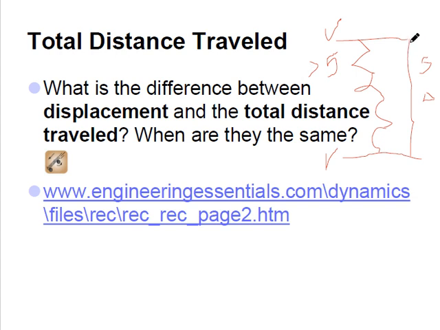So the total distance traveled from here to here on path 1, I'm going to write down here, path 1, and the total distance traveled by taking this path 2 are different in distance. This is more than 5 meters. You would spend more than 5 meters on this path, and about 5 meters on this straight line. So it's shorter.